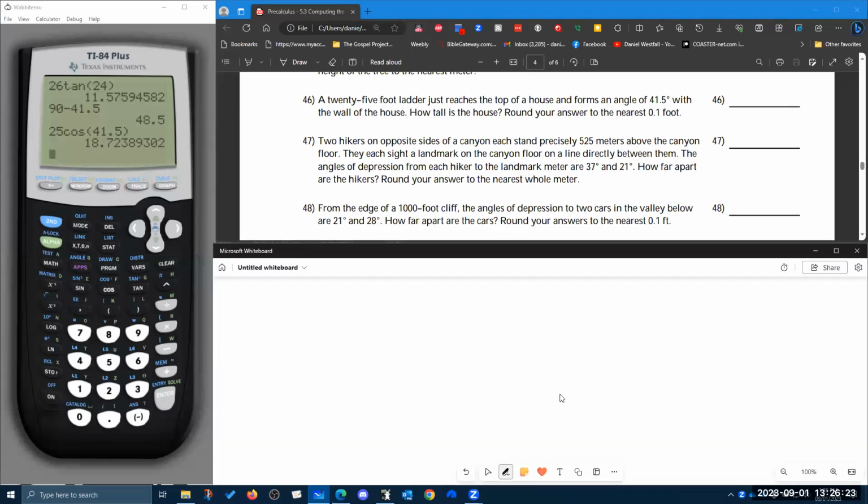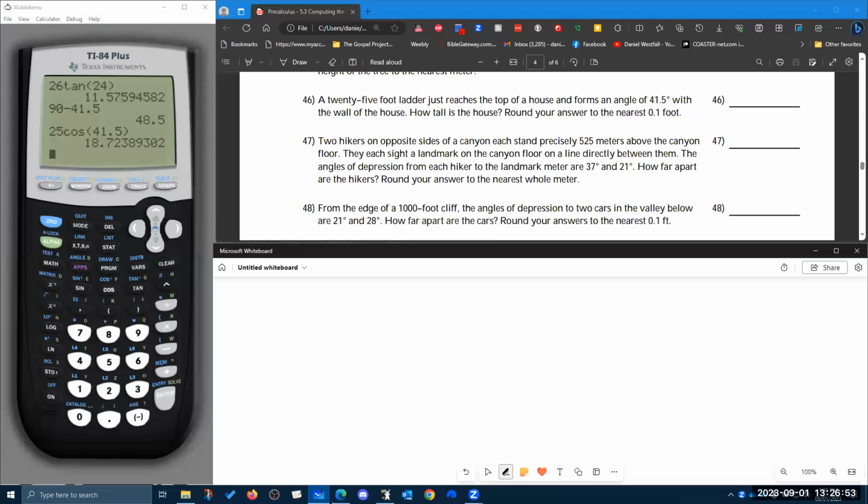Two hikers are on opposite sides of a canyon, and each stands precisely 525 meters above the canyon floor. So they're at the same level as each other. They each sight a landmark on the canyon floor on a line directly between them. The angles of depression from each hiker to the landmark are 37 degrees and 21 degrees. How far apart are the hikers?